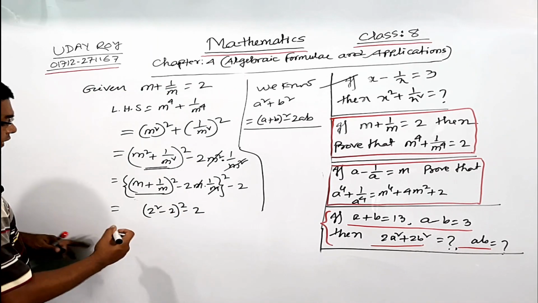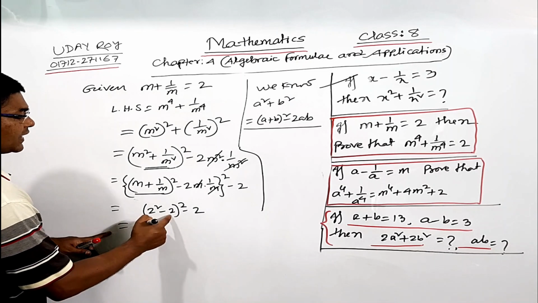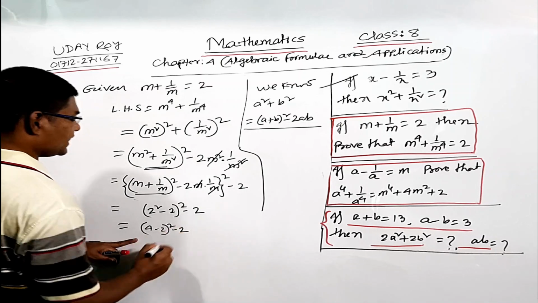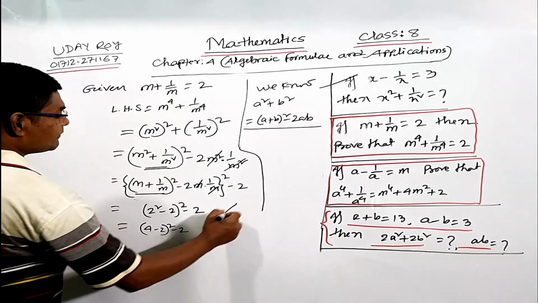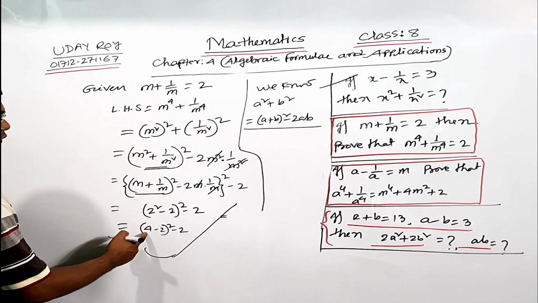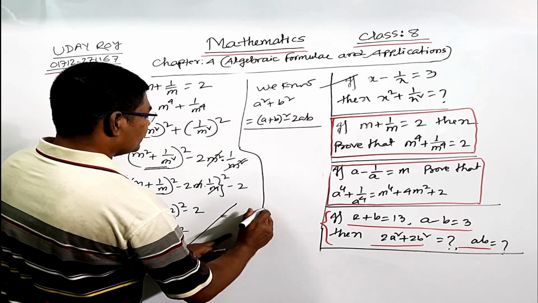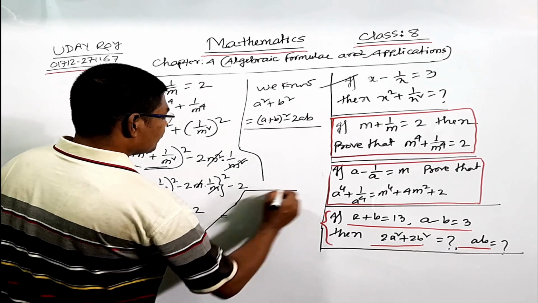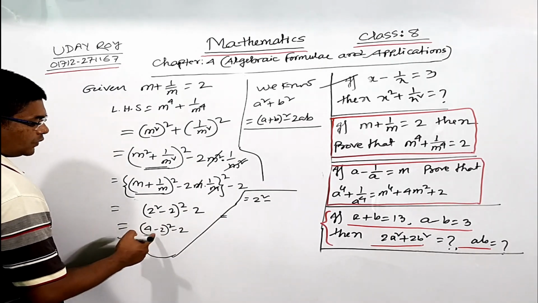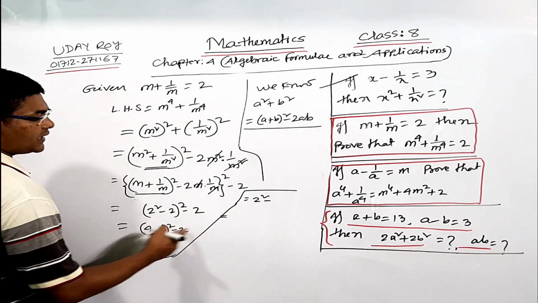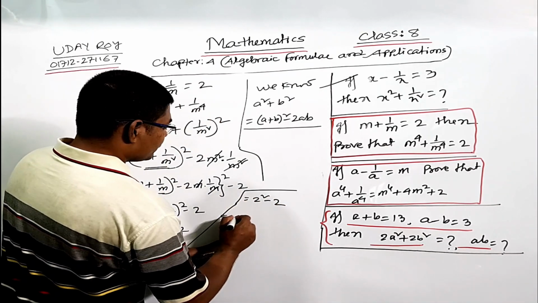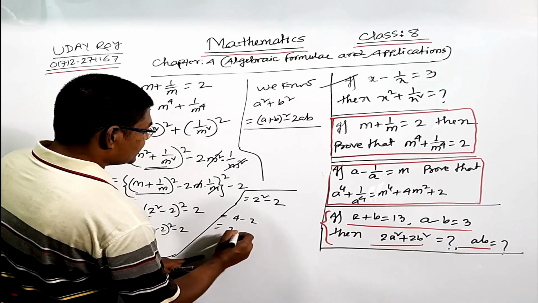So we have got here 2 square minus 2. So 4 minus 2, whole square minus 2. So we get 4 minus 2 equal to 2 square, 4 minus 2 whole square, minus 2. 2 to the 4 minus 2, we get 2.